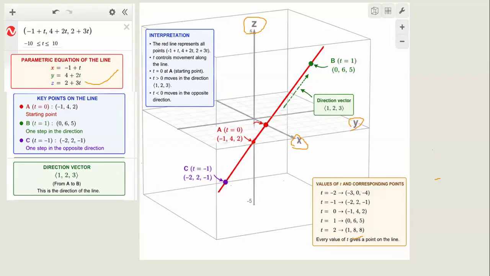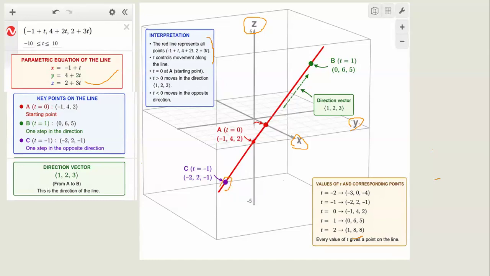So how do we read this? The red line represents all the points I just called out, and t controls movement along the line. Whatever the value of t is, it changes the position on the line.